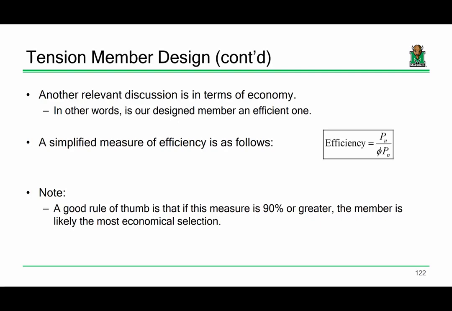It's a rule of thumb, so it does not always work, but in this course and on exams and anything like that, if you compute an efficiency that's 90% or greater, you're good. Okay? So for our purposes, we can assume that's the most economical. So I don't want you to think, well, what if the efficiency is 90.2% and there's actually a section that's greater? Don't worry, it's fine. I'm not going to do that to you.